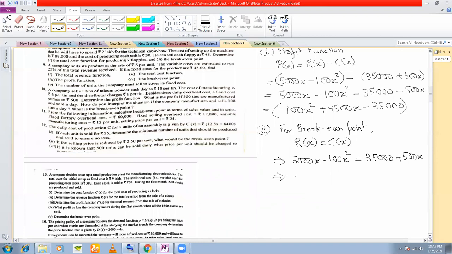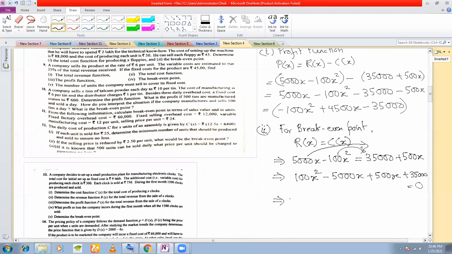I take everything to the other side, taking 100x squared to the other side, minus becomes a plus, and you take 5000x on the other side also. Minus 5000x plus 500x, sign will not change because 500x we are keeping on the same side, plus 35,000 must be equal to 0.